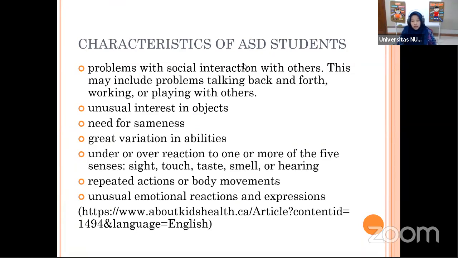And as you know, there are 3 types of autism. The first is mild, the second is moderate, and the last is severe, based on the level of autism. My first son is diagnosed with autism at the mild level.